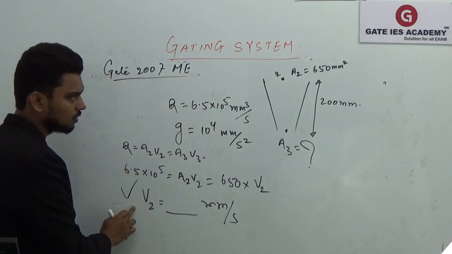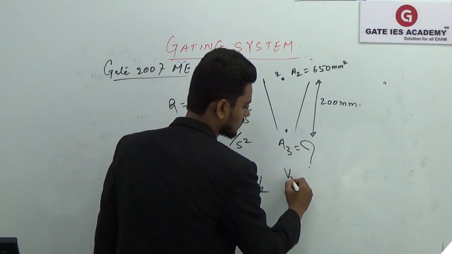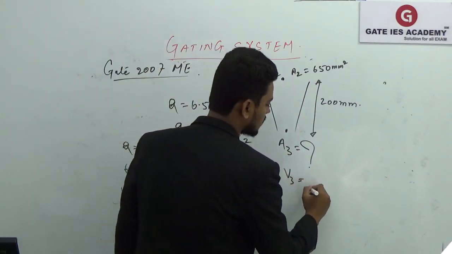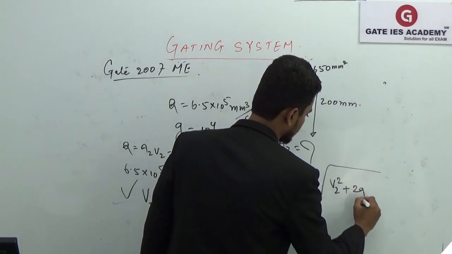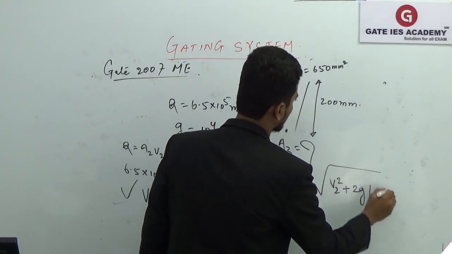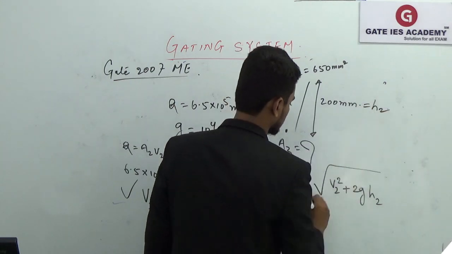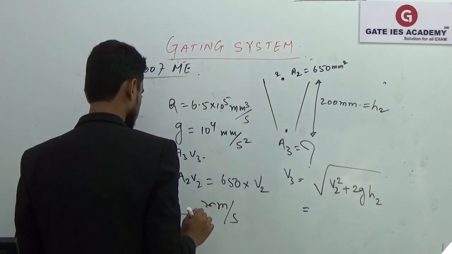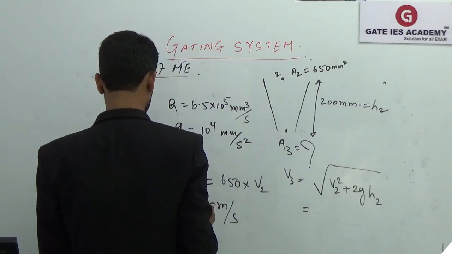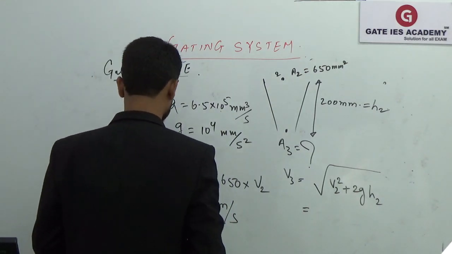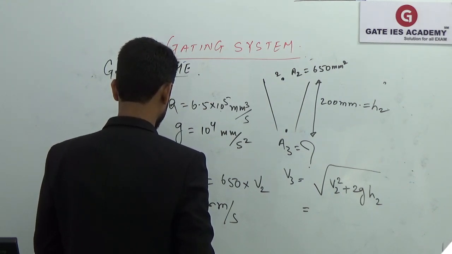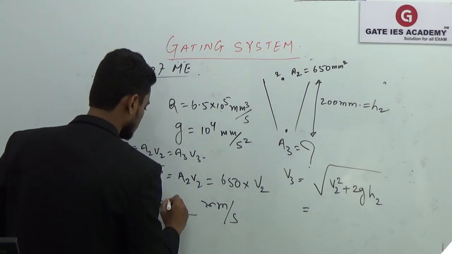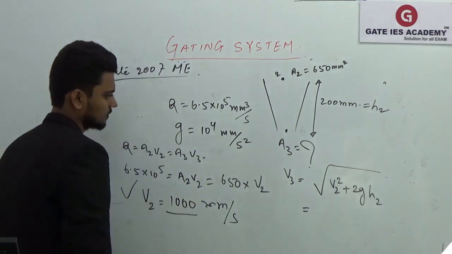Now once we know V2, we can find out V3. V3 equal to square root of V2 square plus 2gH2. This is your H2. This V2 will be 1000, right?